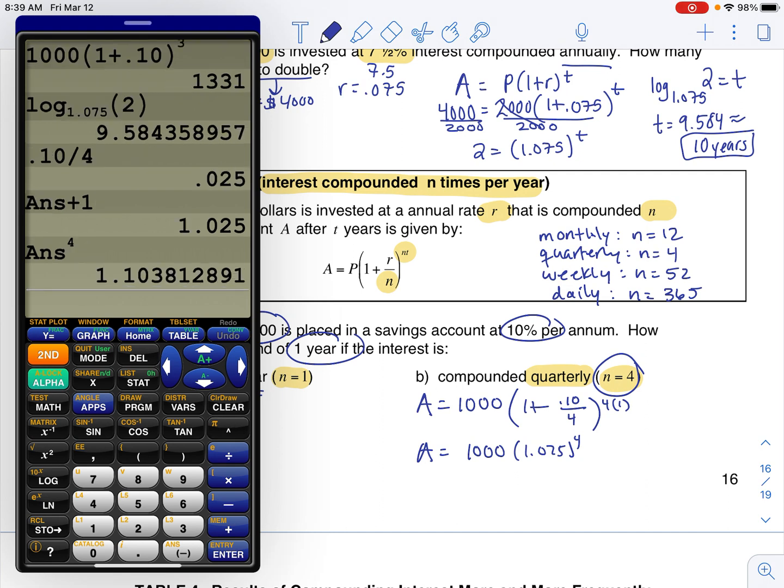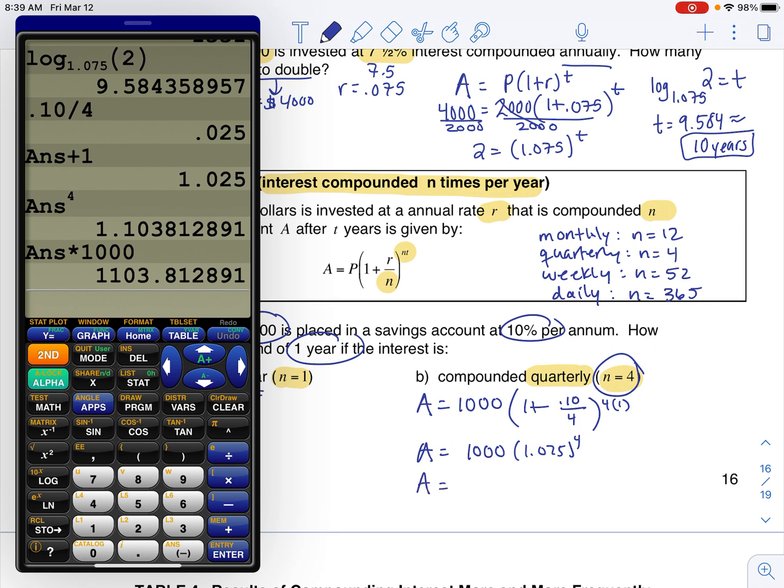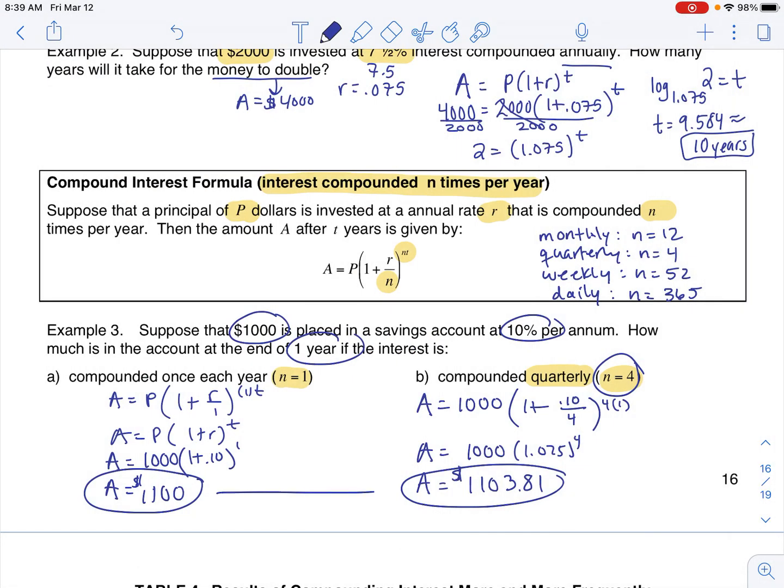I'm going to raise that to the 4th power and then multiply it times 1,000. I ended up getting $1,103.81.